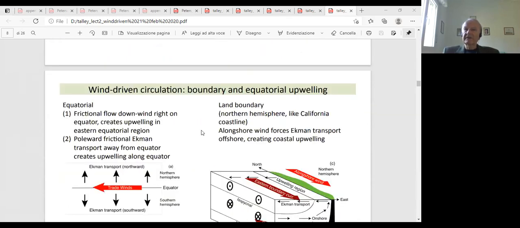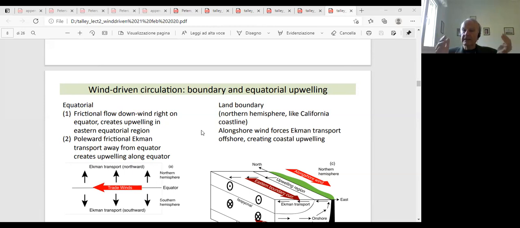So wind-driven circulation is due to the spatial variability of the wind, which can have divergence or convergence due to the Ekman transport. But as we mentioned last time, we can also have the divergence or convergence next to the coast.